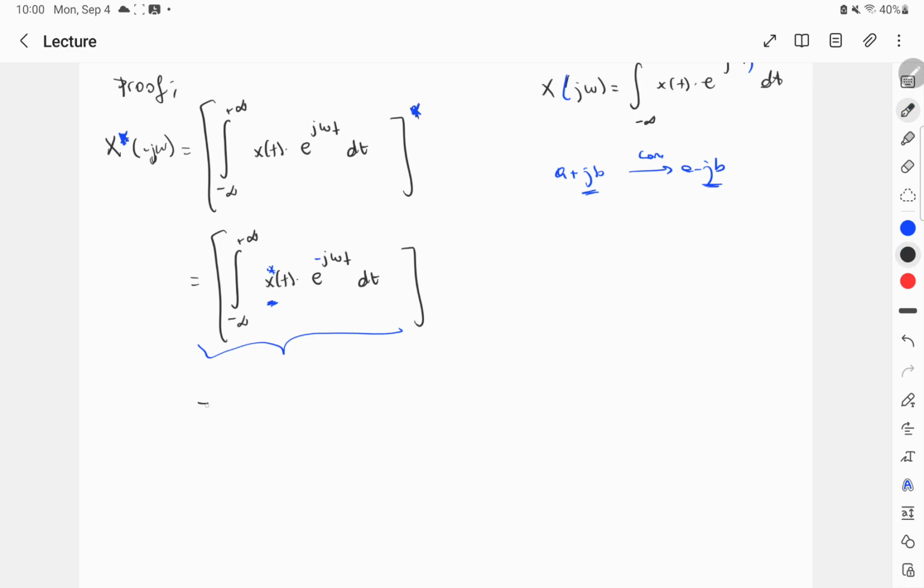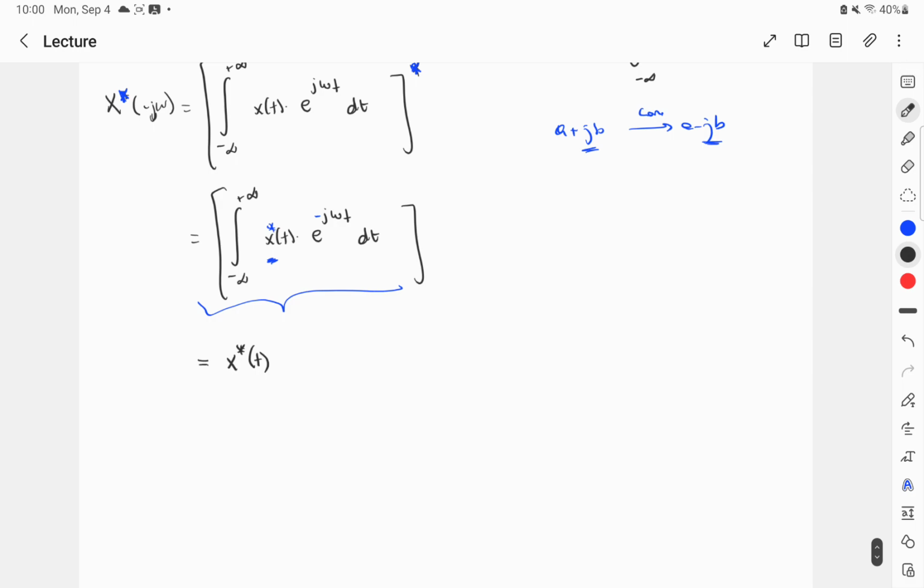Eventually, we can simply write x conjugate (t) instead of all this expression. We saw that the Fourier transform of x star (t) is equal to the Fourier transform conjugate with minus jw inside. And this was the proof.